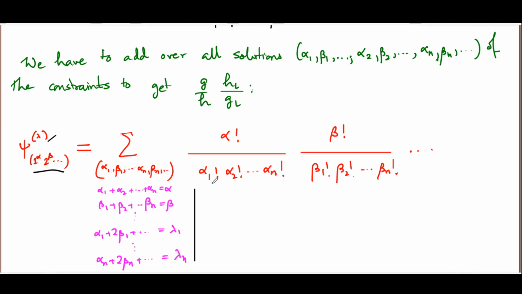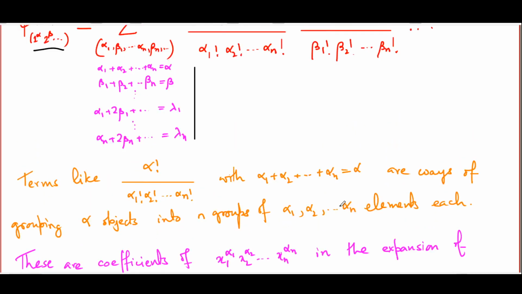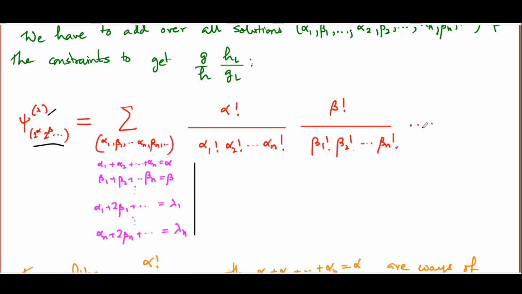We now make use of this fact that this factor is nothing but the coefficient of x1 to the alpha 1 times x2 to the alpha 2 up to xn to the alpha n in the expansion of the sum of all xi's with i running from 1 to n raised to the power alpha, and of course the other factors, beta factorial by beta 1 factorial, beta 2 factorial up to beta n factorial, have a similar connotation.